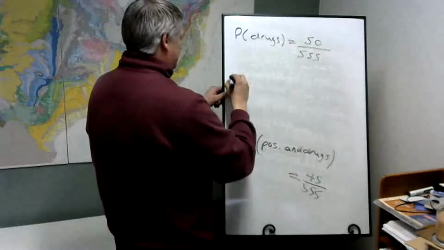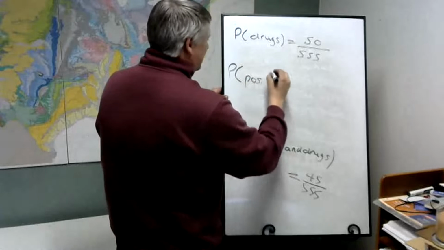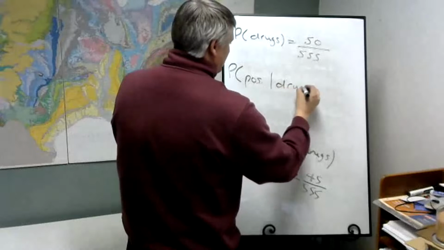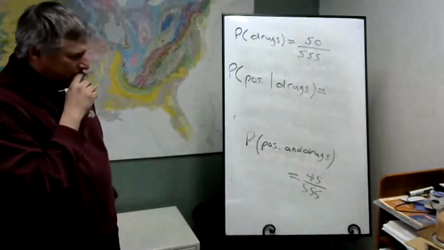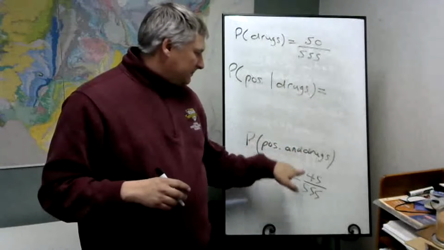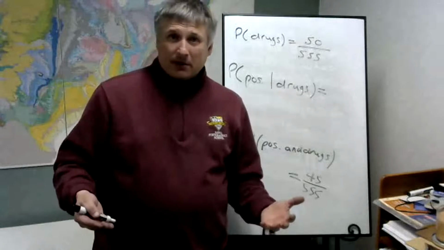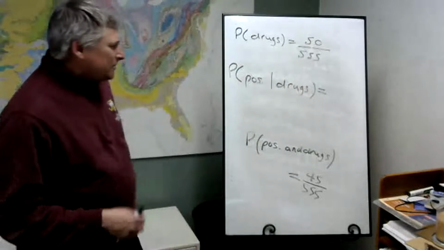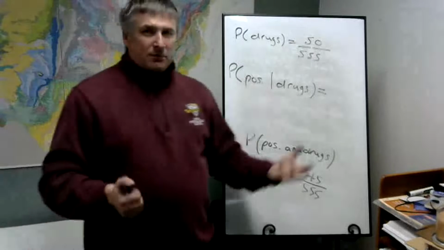The probability of a positive test given first somebody was smoking marijuana. So we have data that says we have 45 people who have positive tests having smoked marijuana. We have 50 people who have smoked marijuana. So what's the probability of getting a positive test after smoking marijuana?